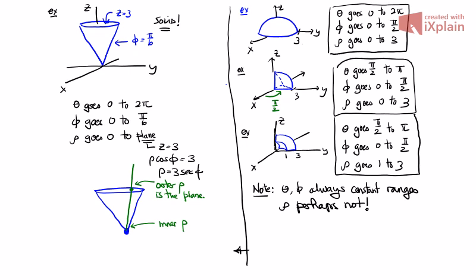It's sort of like a three-dimensional version of polar coordinates, but not quite. So in this particular example, this is the data. This guy right here, 3 secant phi, that's what goes right there, 0 to 3 secant phi.